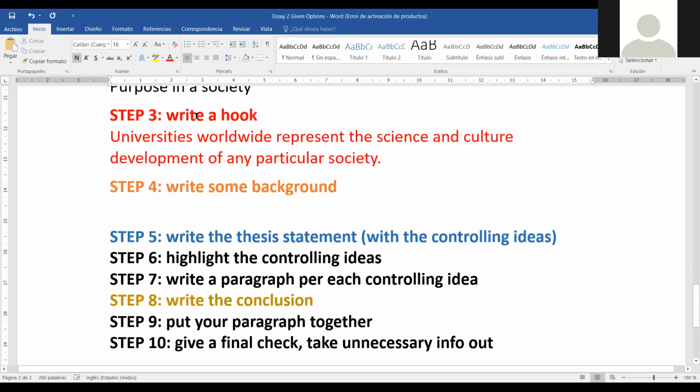Of course, this one in red is going to be the first sentence that lets you open your essay and attract people's attention. However, to make it more understandable for people, write some background. So I'm going to copy what I put for background. Remember, the intention for the background is to give more context to the reader.